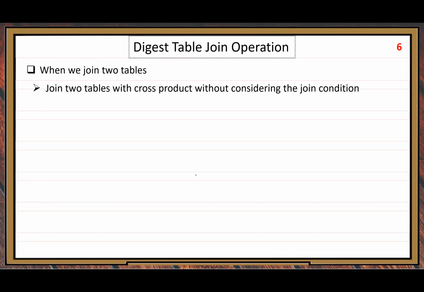So here, this concept is useful: cross product without considering the join condition. That would be easier. We temporarily ignore the join condition to make our life easier. So we understand the meaning of that cross product.